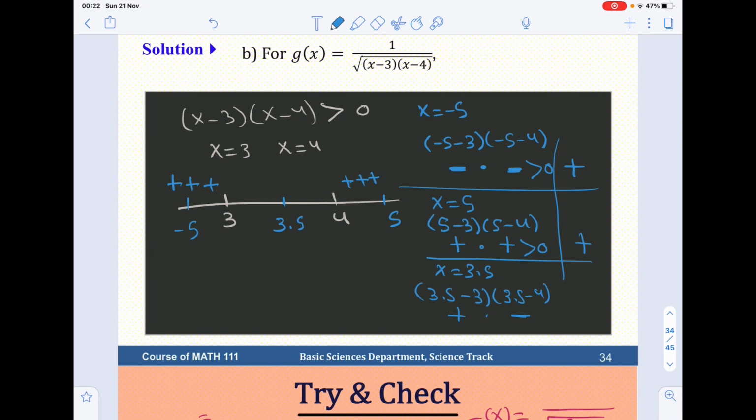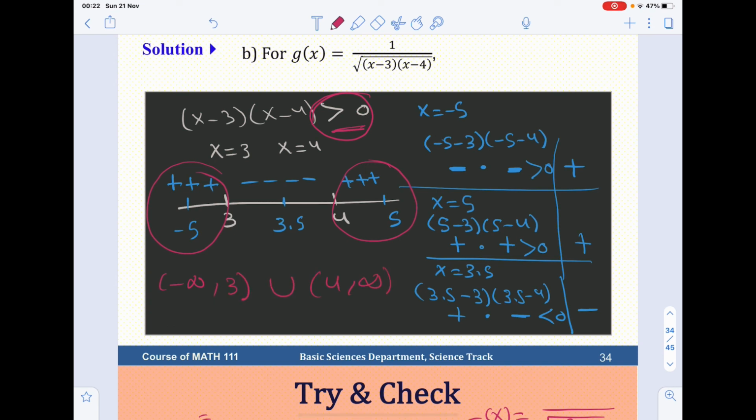So positive times negative would be negative, which is less than 0. So here is negative. Now, which intervals would we pick? We would pick this interval and this interval, because those give us positive values, more than 0. So the first interval would be from negative infinity to 3 open, union from 4 open to infinity.